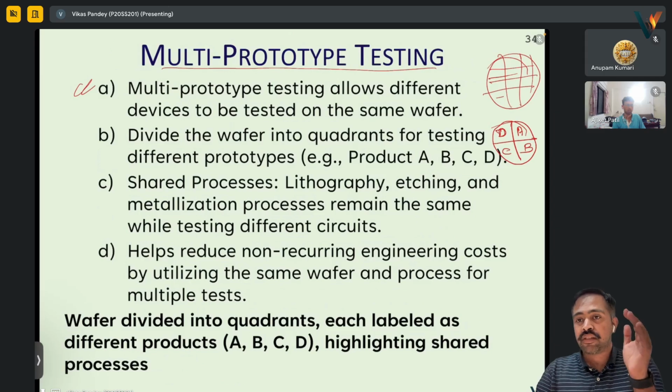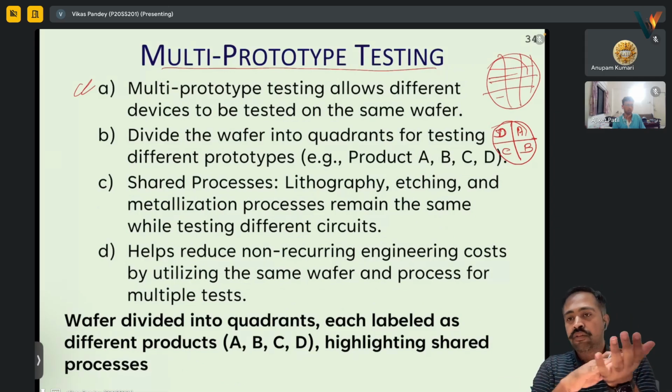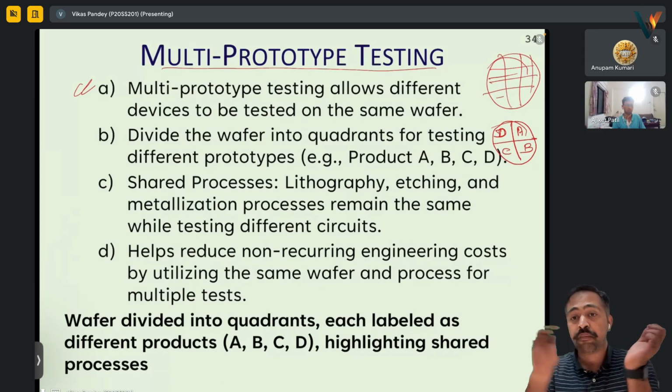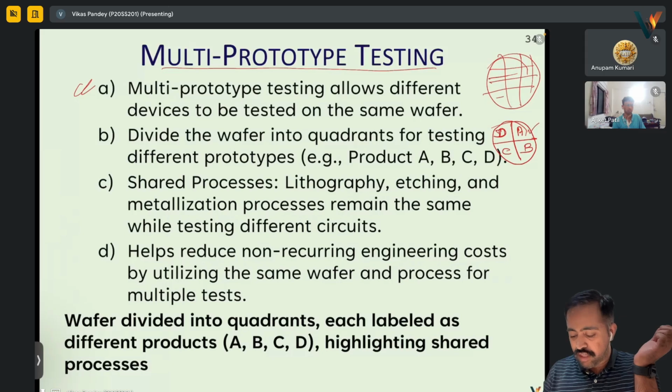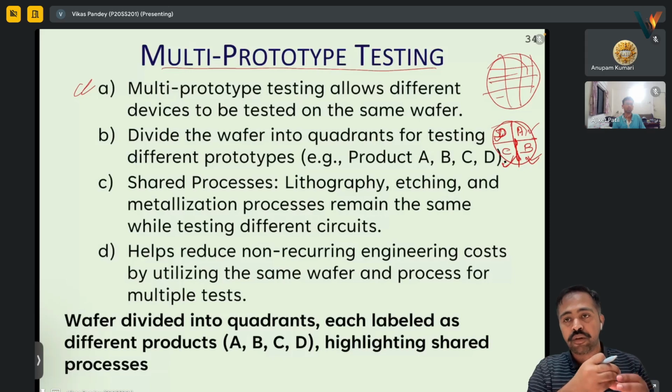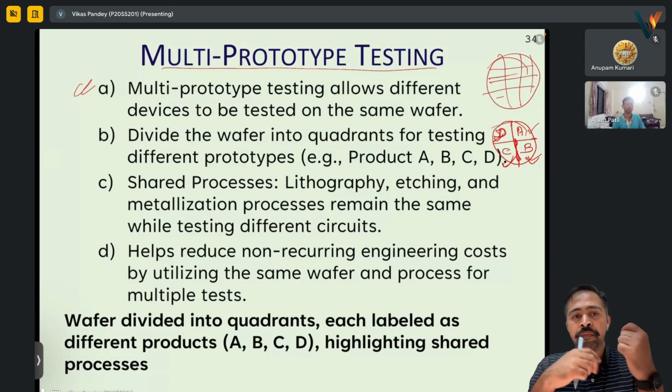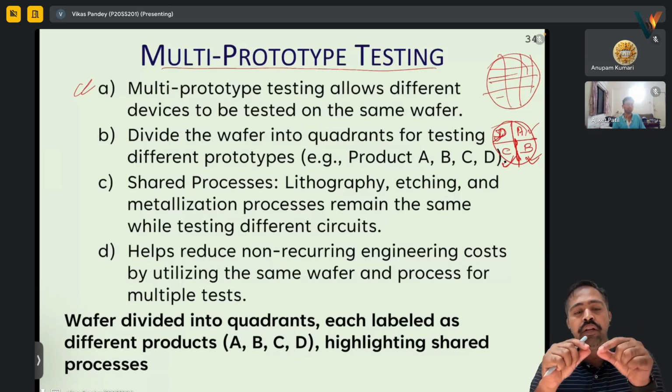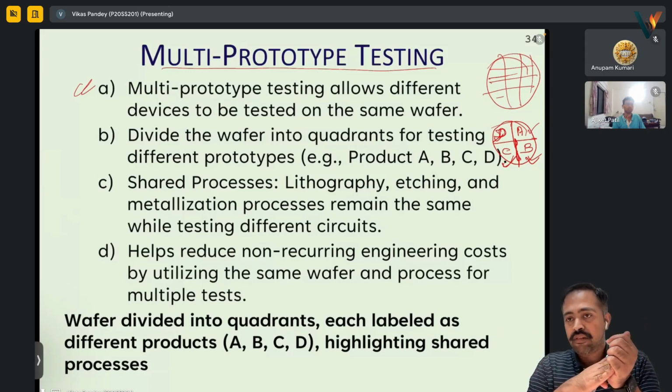Since this is on the wafer, the same process will be followed for all the devices, but they will have different designs. Part A will have a different design, B a different design, C different, D different kind of dice, different parameters. Say I know what the variations are, so what are the possibilities that can work?